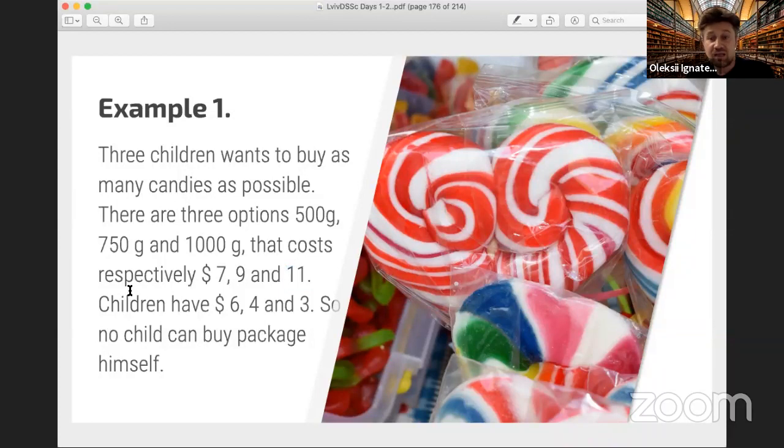Each child has in their pocket $6, $4, and $3. So no child can actually buy a package by himself. So they need to cooperate, and they need to negotiate how to buy as many candies as possible, and how to divide them.